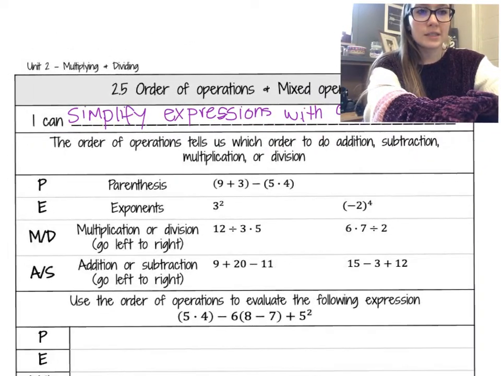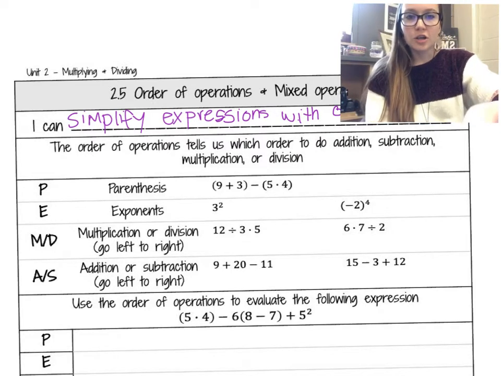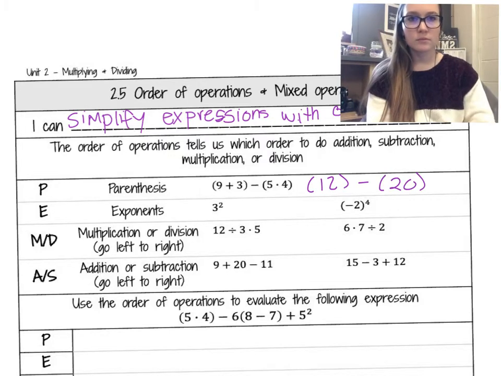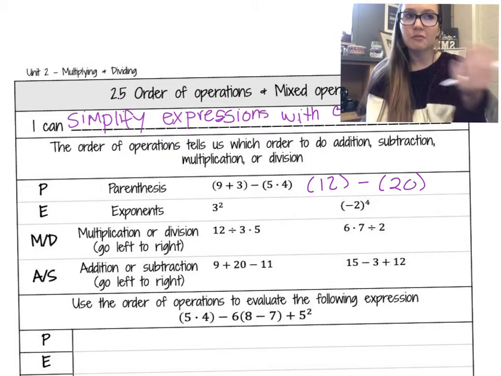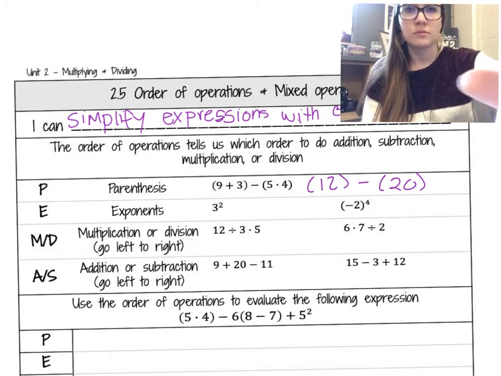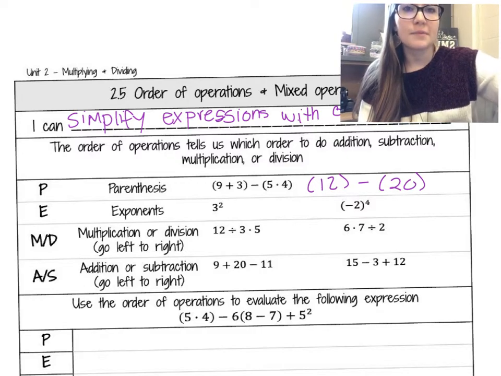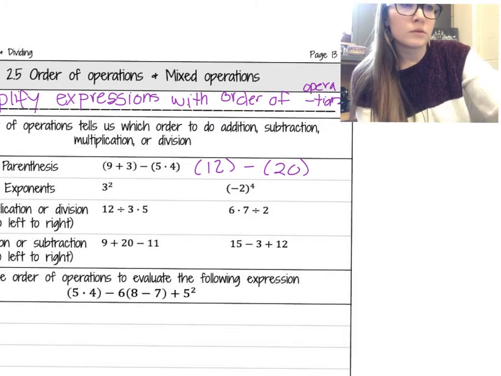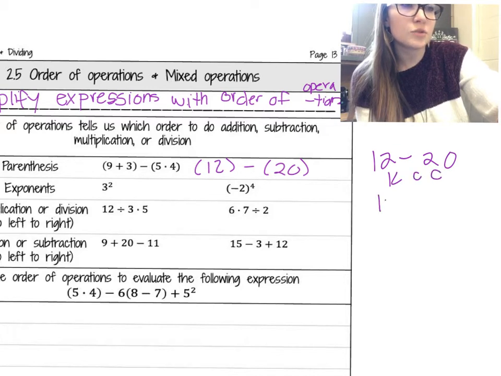So parentheses. I'm going to start with 9 plus 3 is 12. Minus 5 times 4 is 20. So our problem now is just 12 minus 20. Okay, you can use keep, change, change. I'm going to write it on the side. So 12 minus 20, keep, change, change becomes 12 plus negative 20.